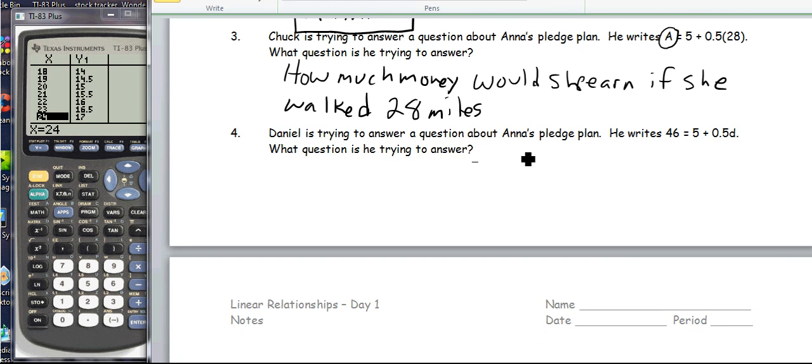Daniel is trying to answer a question about Anna's pledge. He writes 46 equals, and then the rest of it, but we don't know what that is. So what question is he trying to answer?